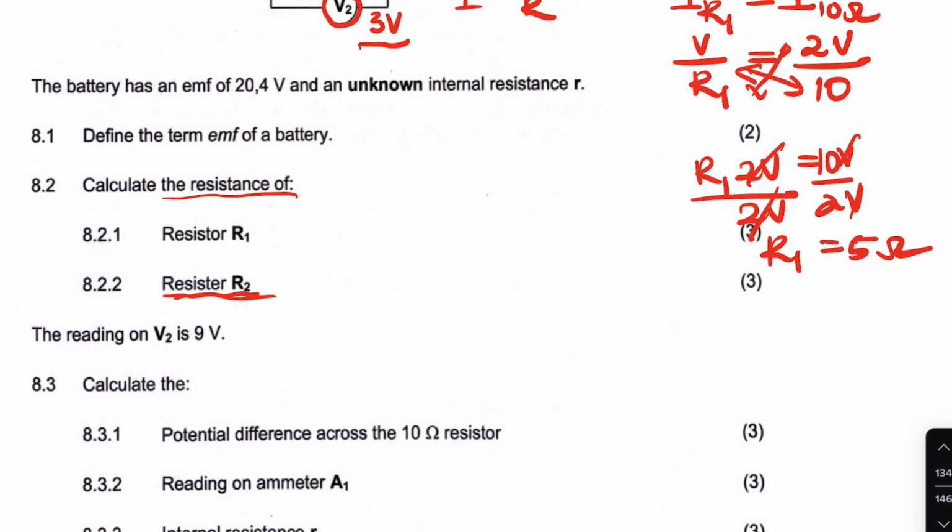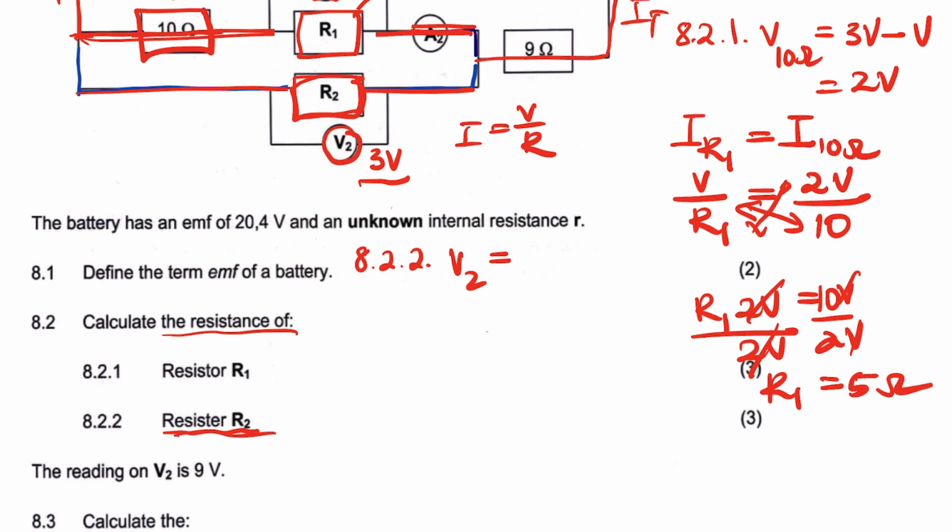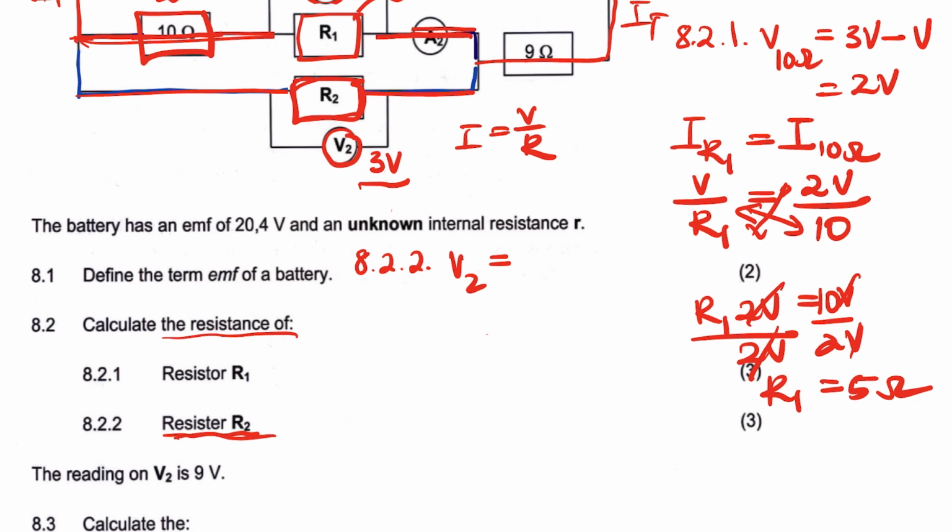Let me write 8.2.2. What we know is that the voltage V2, which is in R2 here, is 3 times the voltage of V1. This is what we said here, right?